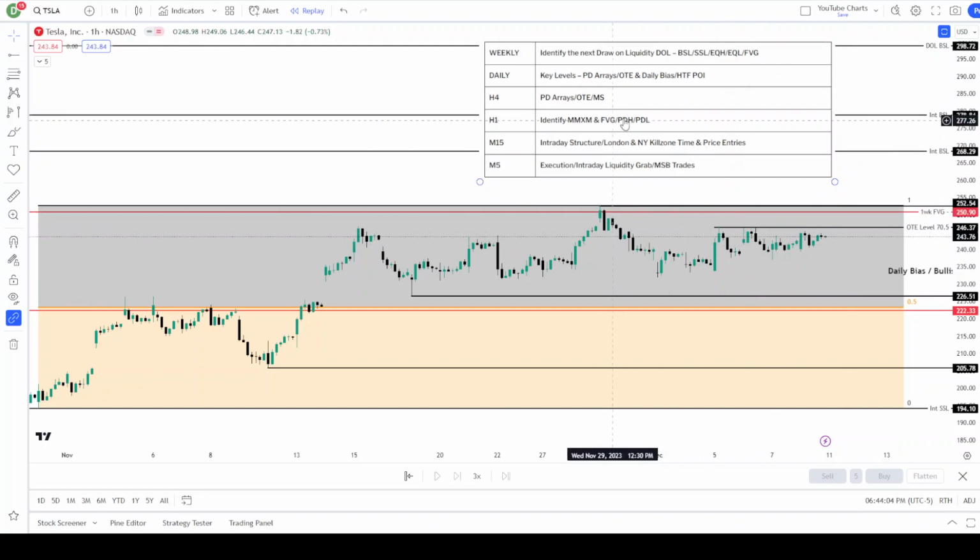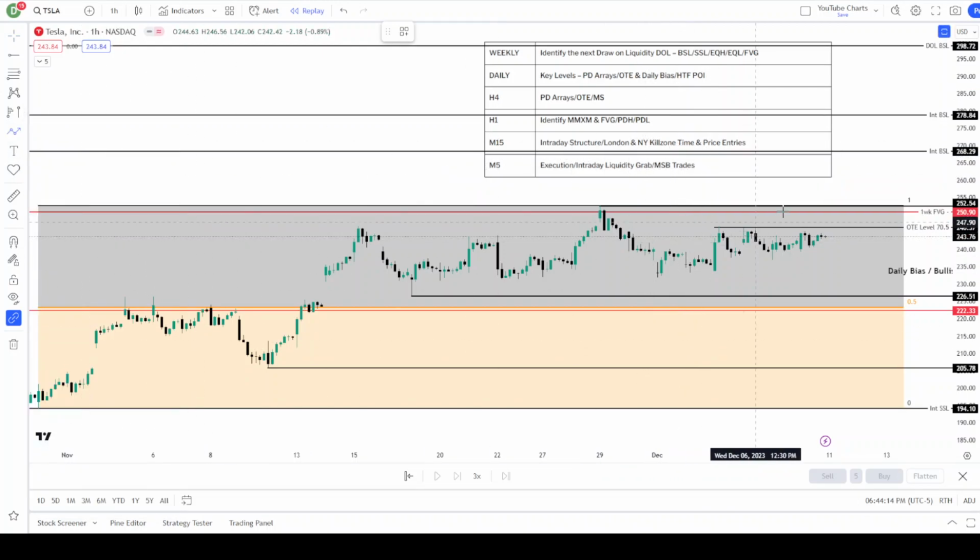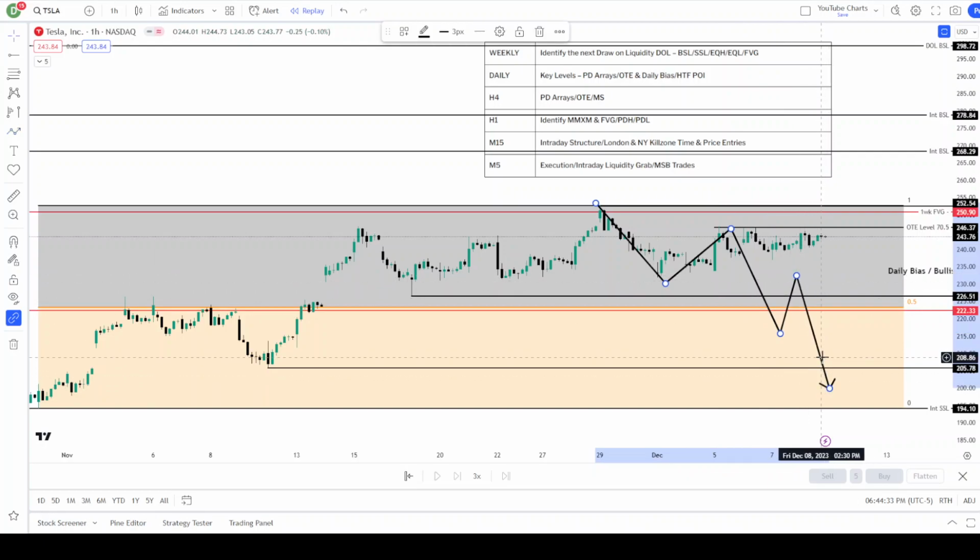Now we're looking to identify our market maker model just for confirmation in order to catch the next move. So we're not trading it as a sell model yet, but what happens is when you get that return to optimal trade entry, and then we get that drop down, there's going to be a fair value gap or something laid in here that, when we trade back up, we can catch that next move.